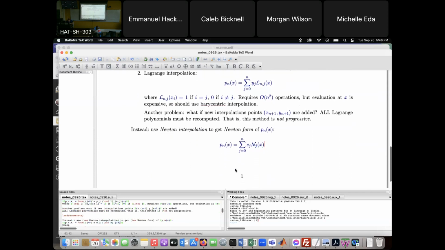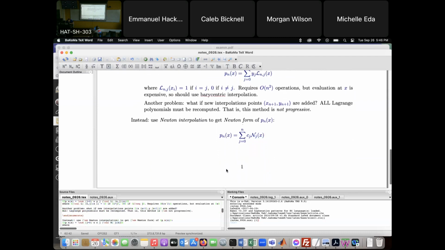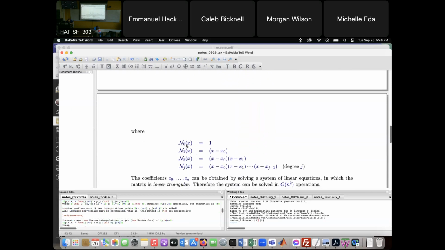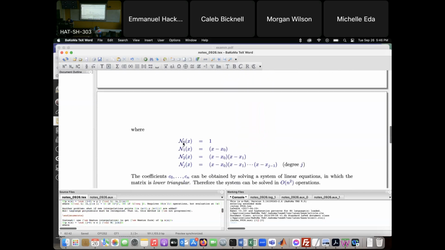Okay, so that'll be on the next page. So these polynomials, the subscript indicates the degree of each polynomial. So n0 of x is just a constant, it's just 1. n1 will be a factor x minus x naught, so just a linear factor, degree 1. And notice what happens as I go from each one of these to the next.